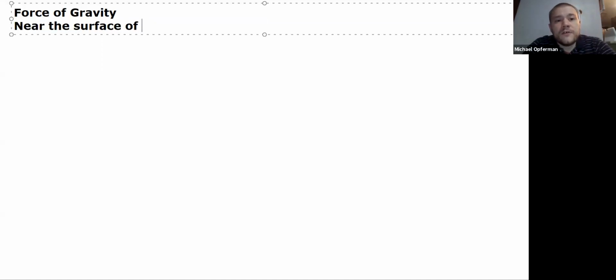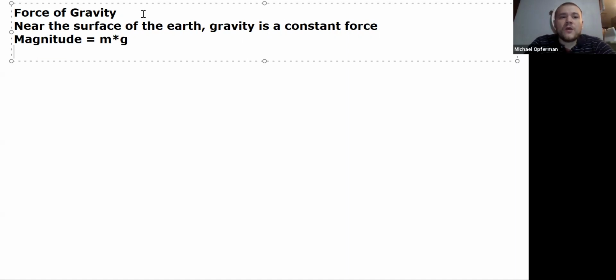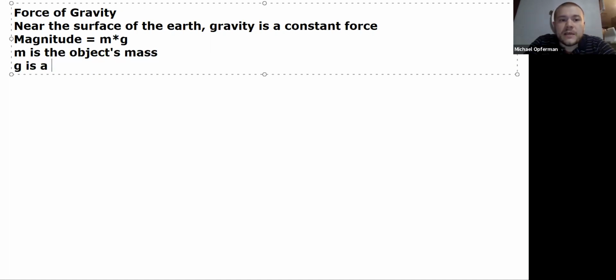Near the surface of the Earth, gravity is a constant force. It has magnitude equal to m times g, where m is the mass of the object the gravitational force is acting on, and g is a constant number which depends on the properties of the Earth, since the Earth is the one doing the attracting.